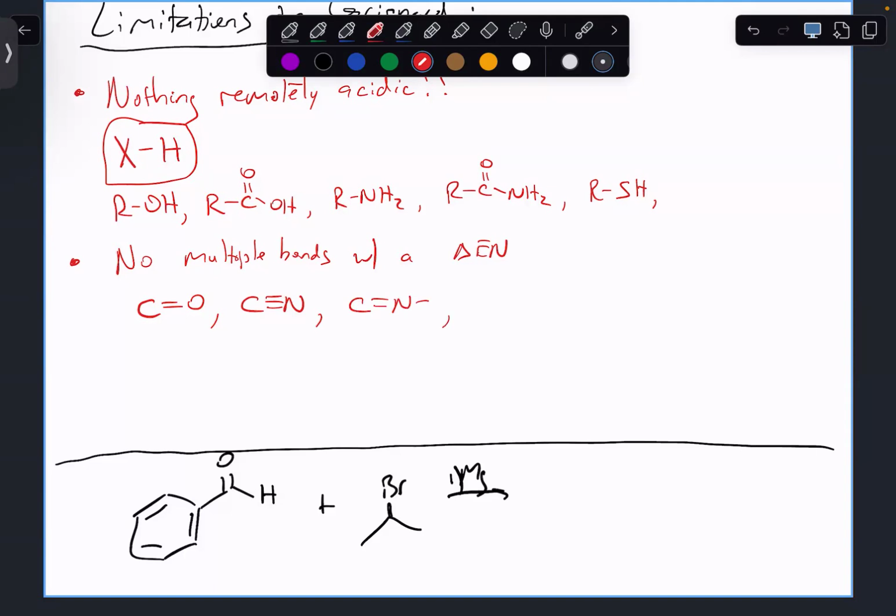You can't do this if your molecule possesses an NO2. You cannot have multiple bonds where there's a difference in electronegativity of the bonded atoms.